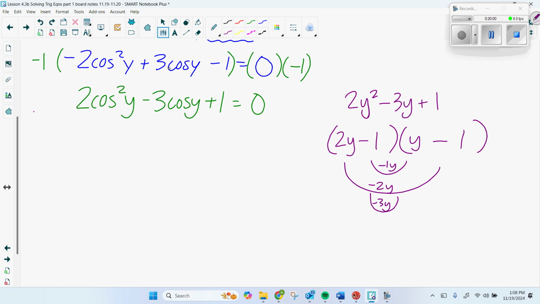So I'm going to come back over to my trig now and rewrite this factored form using cosine. It's going to be 2 cosine y minus 1, and then cosine y minus 1. In a way, it looks really similar to the one that we just did, but it is cosine, and then this is going to end up giving me a positive number.